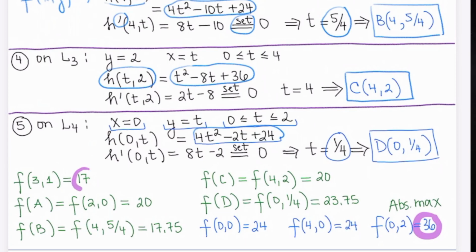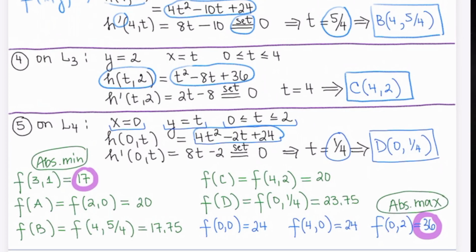That's going to be this value right here. That's absolute minimum. Okay, so that's that, and all those other values, they will be local. But we don't need to be concerned about them, because we're only asked to compute the absolute values.